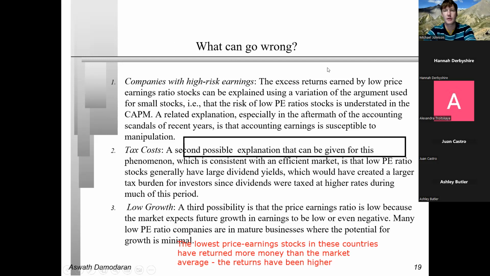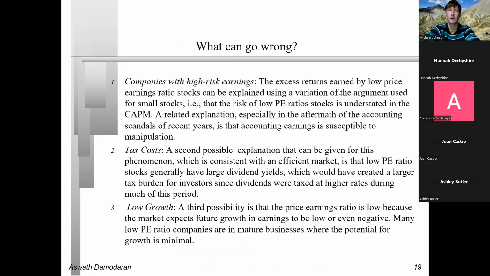And then what can go wrong? Because there are risk factors to all of this. This is not a foolproof system. There are risks, and these are some of the risks that can happen. So, companies with high risk earnings. Some companies may have high risk earnings.